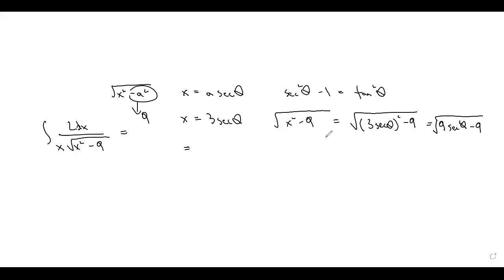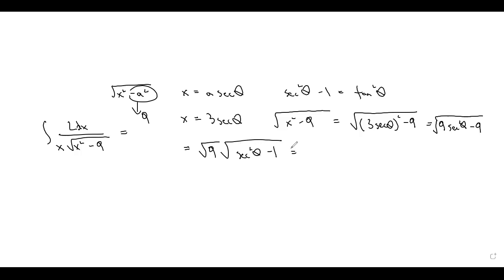So we'll separate it as well. So take a 9 out and put that in its own square root. And then the rest of it, without the 9 part, will be in its own square root as well. So that'll just be secant squared theta minus 1. So we took out the 9 and put it in its own square root. Again, you can do that when it's multiplication, but not with anything else.